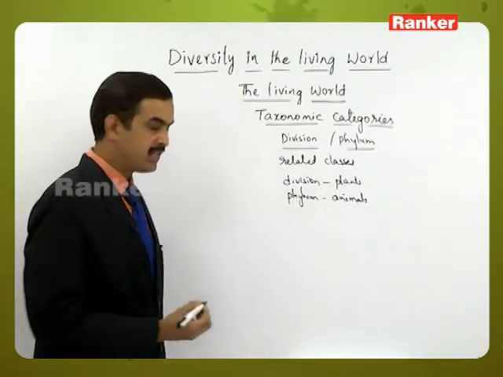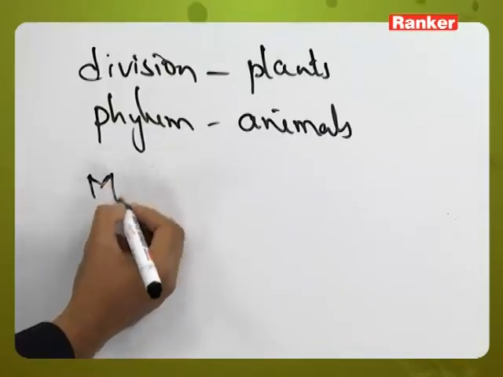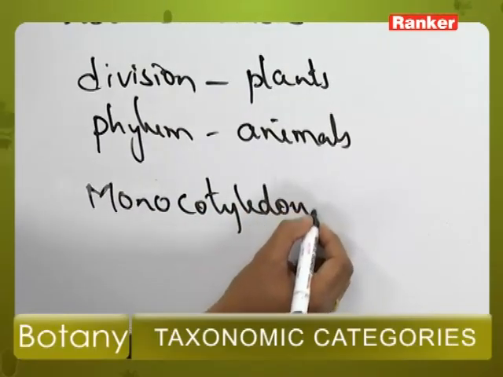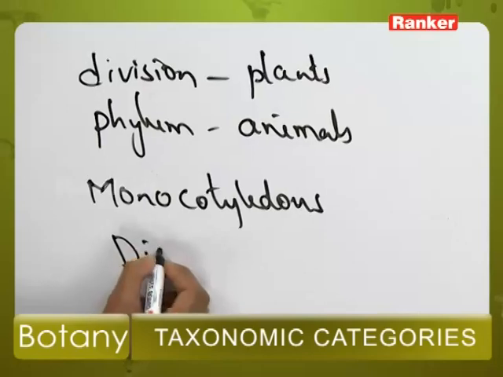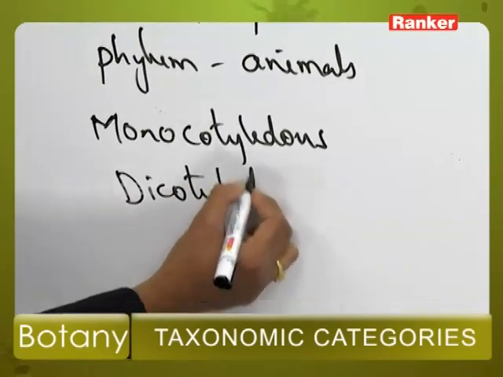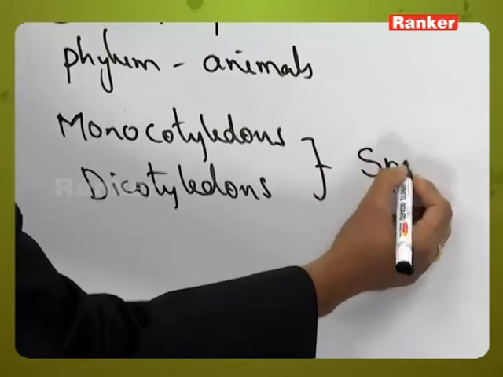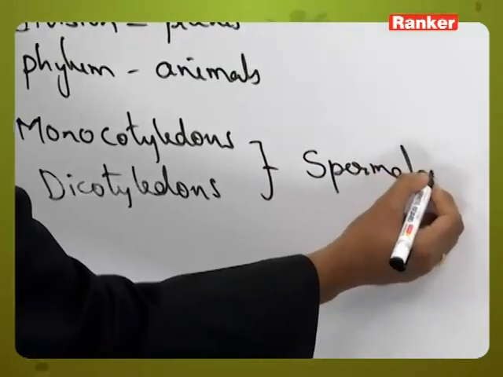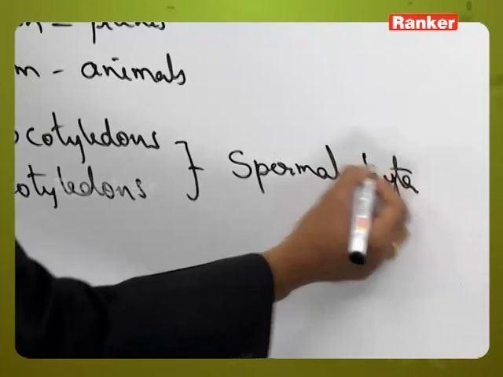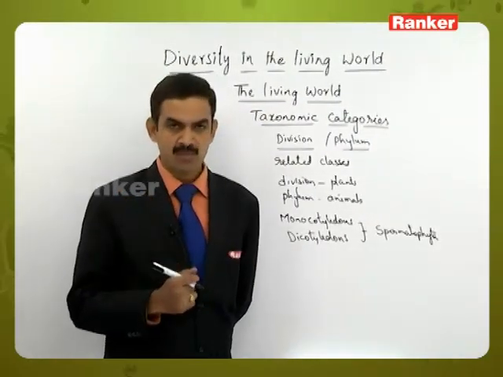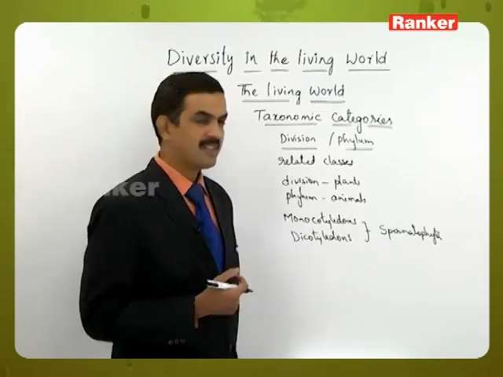Let us take the example here: monocotyledons is one class and dicotyledons is one other class. So these two classes are kept under one division called Spermatophyta.